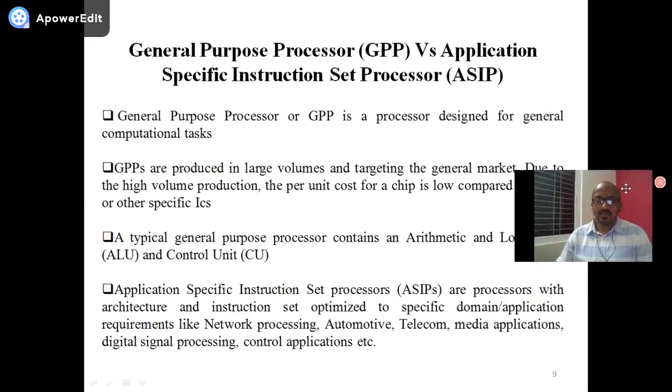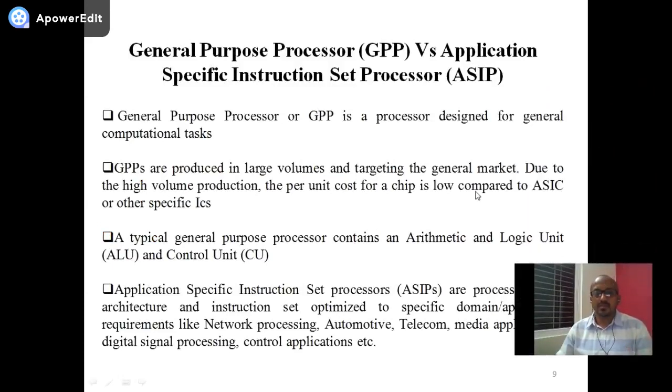So, we will just have a look at general purpose processors and application specific instruction set processors. General purpose processors are designed to do general computation, and they are produced in large volume.